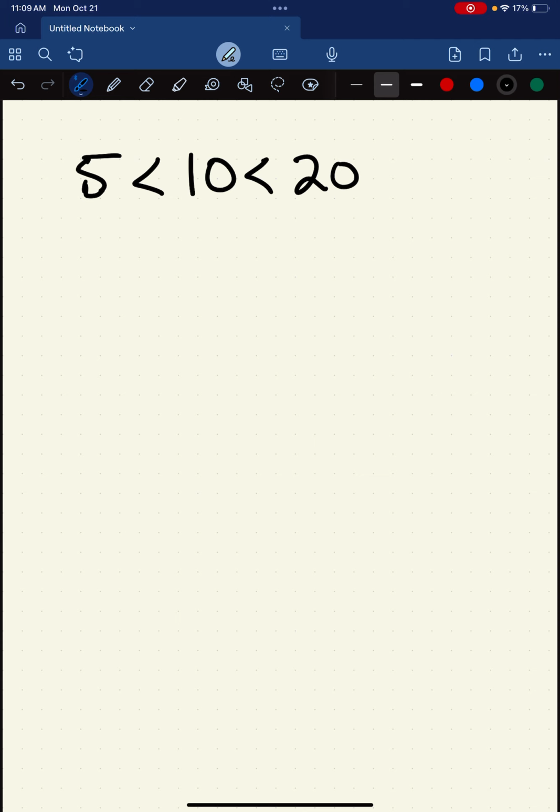The very technical way is 5 is less than 10 is less than 20. Right, and that should make sense, because 5 is less than 10, and 5 is less than 20, and 10 is less than 20. Another way to read this, looking at the middle element, is 10 is between 5 and 20. It does not include 5 and 20, but it's between 5 and 20.